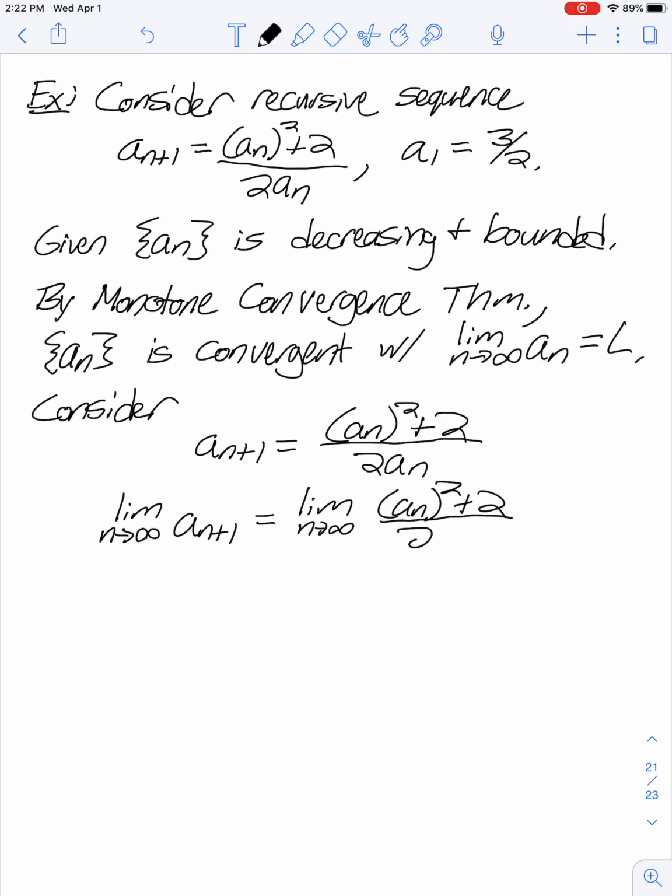So if we take a limit on both sides of this recursion as n becomes large, let's see what we have.